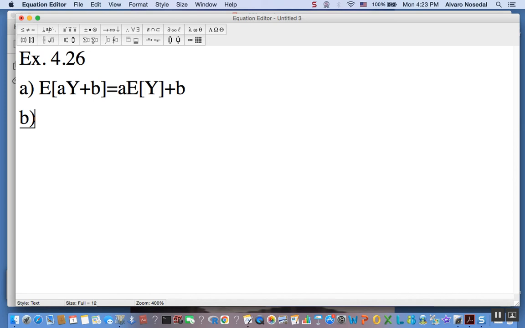And we want to show that the variance of a times y plus b equals a squared times the variance of y. Make sense? Okay, here we go. Proof.